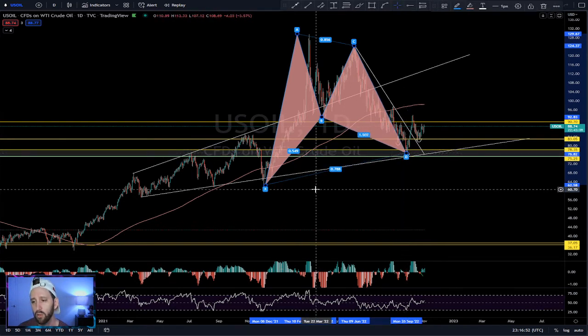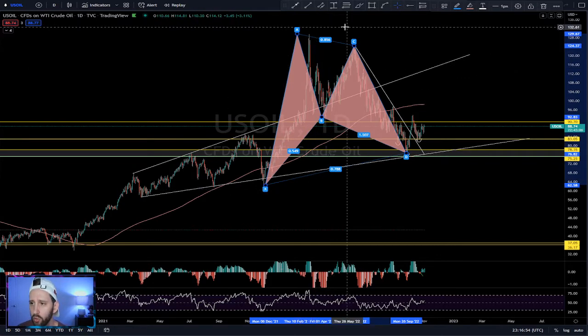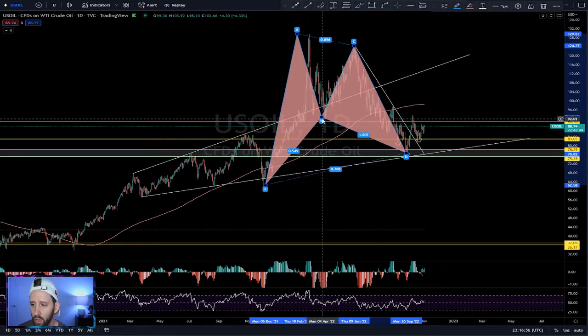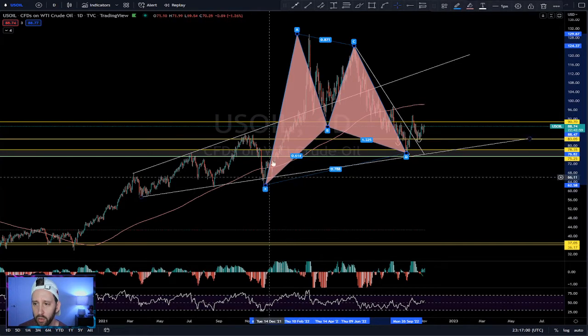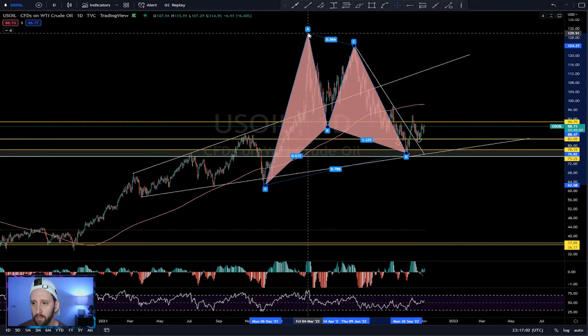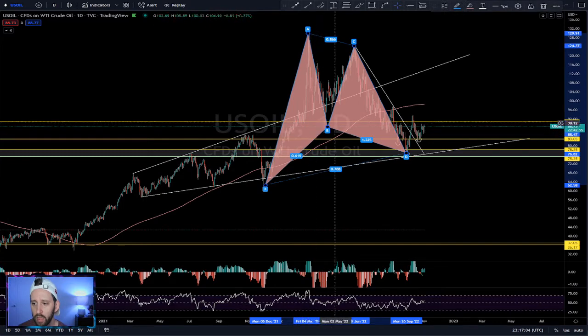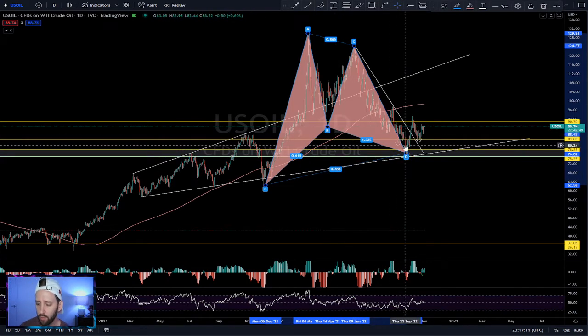It's beautiful, but a little too shallow. So when you're looking for a bullish Gartley, you'd want to see a retrace down to at least a 618. So your X, your A, your B is at a 618, and your D ends at a 786. So close, but it's definitely a complex wave structure.